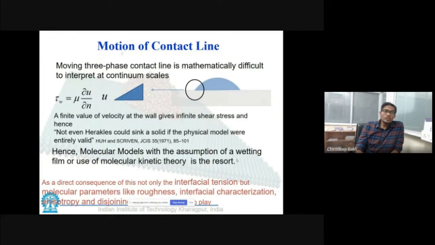In order to resolve this paradox, in order to find out what the boundary condition is at the three-phase contact line, we have to find out the molecular model of the contact line, because any continuum model is insufficient to predict the dynamics of a contact line.